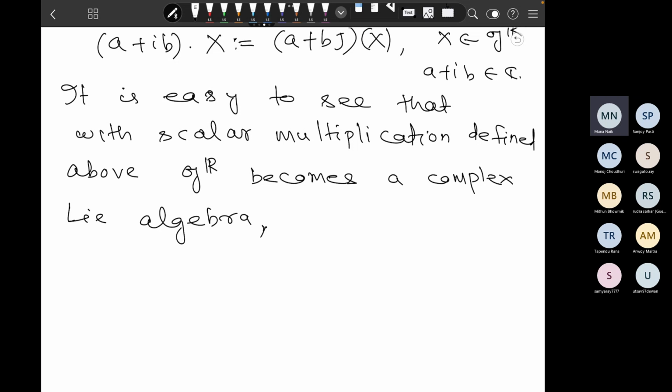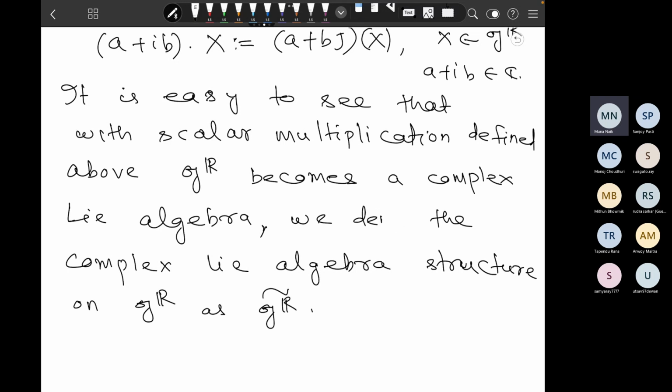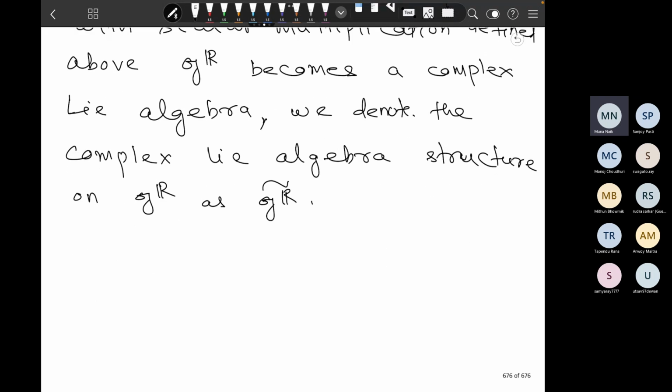We call the complex Lie algebra structure on G_R as G_R tilde. So G_R has a complex Lie algebra structure, and we denote it by G_R tilde.